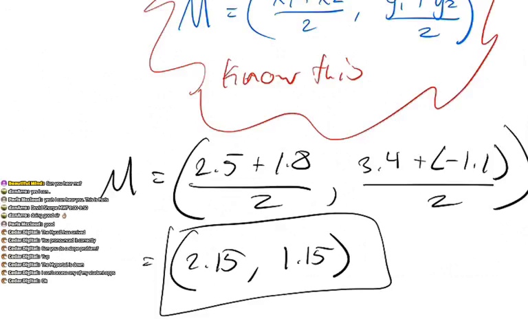Or do we have to type it down there? Oh, that's a pain. So I'm trying to type it into Pearson. Okay, there it is. 2.15 and 1.15. Then close parentheses. Let's see. 2.15.